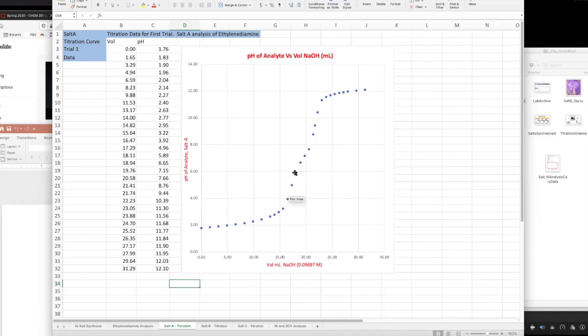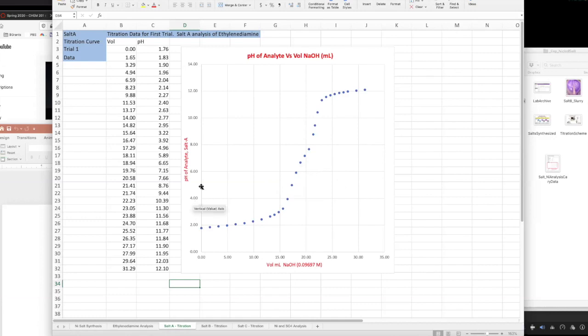Notice that this has 2 inflection points, one here and one here. The question I have for you is, why are there 2 inflection points in this titration? I'm not going to answer that. You are going to have to think about it. Think about what chemicals are in your Erlenmeyer flask and what chemicals are being protonated when you do the titration.